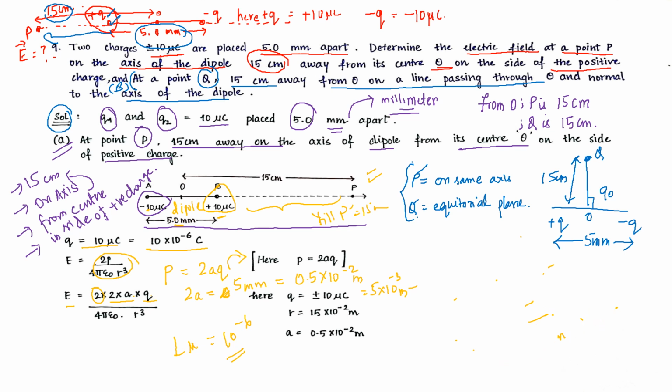First of all, we will see a few formulas which we will be needing to solve this question. We will go with dipoles when our point on the dipole is present on the axis.